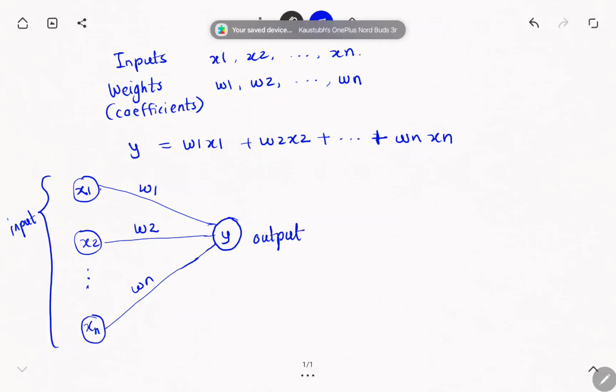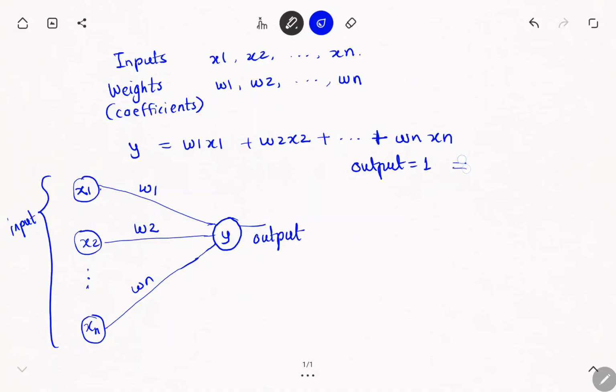Now you can also think of it as a neuron. If the output is 1, it is said to be equivalent to a neuron firing in the brain. Neurons form a chain.